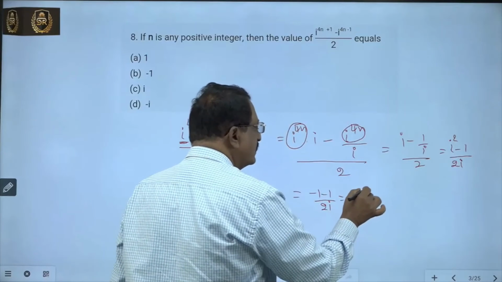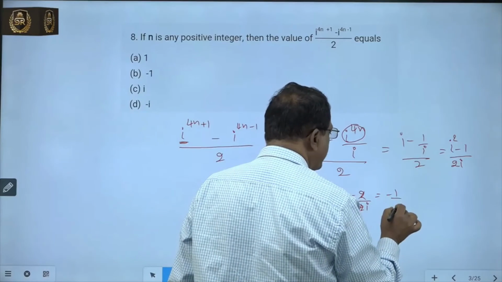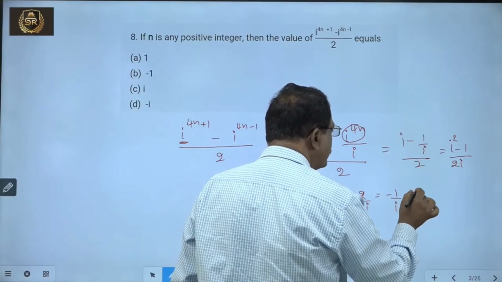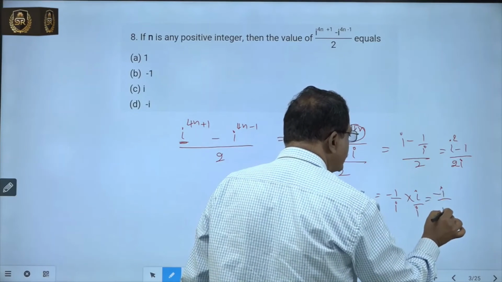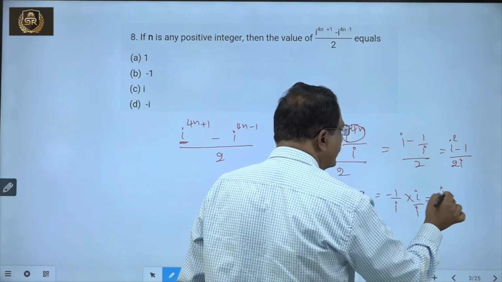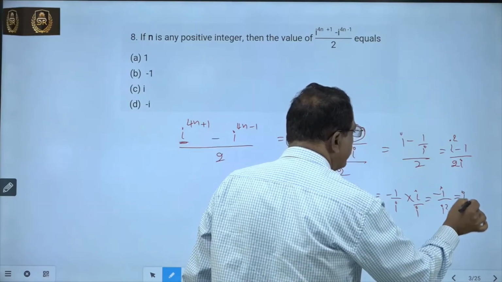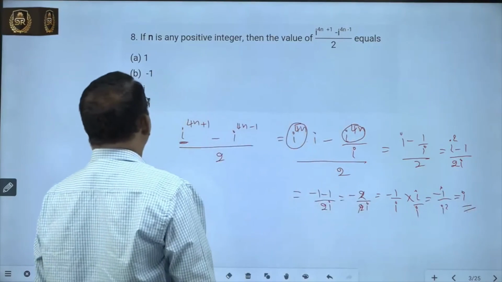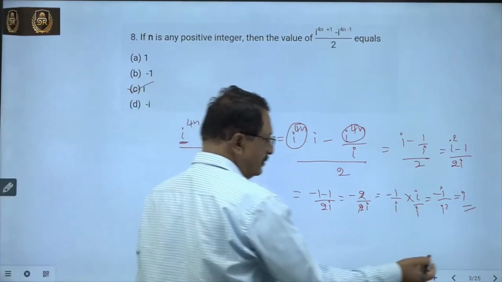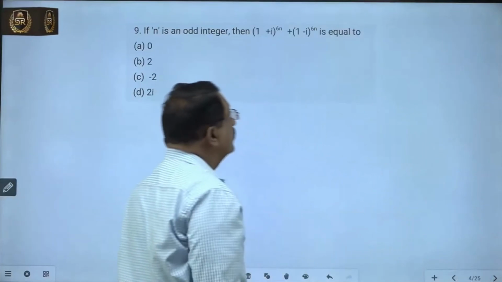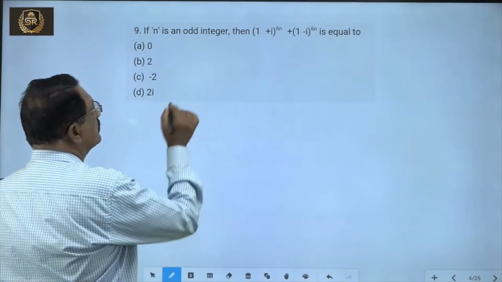The 2 gets cancelled, that equals minus 1 by i. Now multiply and divide by i: that equals minus i by i square. But i square equals minus 1, that equals i. Answer is i. Third option. Next, ninth problem.